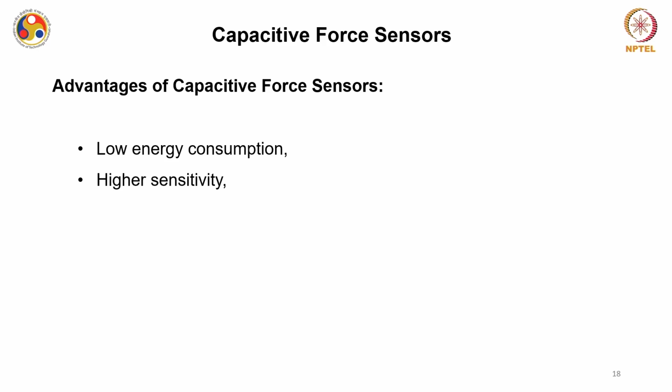The energy consumption of these capacitive force sensors is also not very high. It's low or moderate, so that is one of the advantages. The frequency response of this capacitive force sensor is the biggest advantage of this kind of sensors. The frequency response is pretty good.